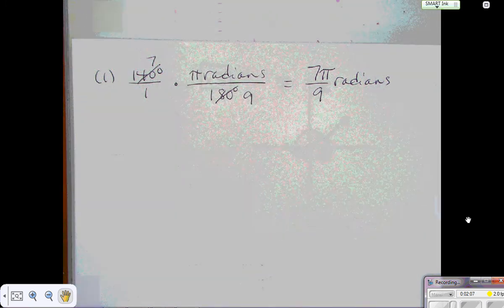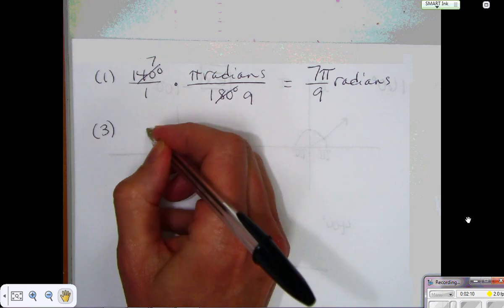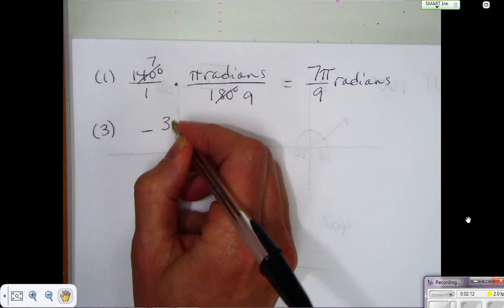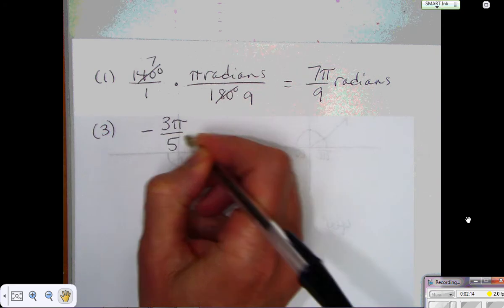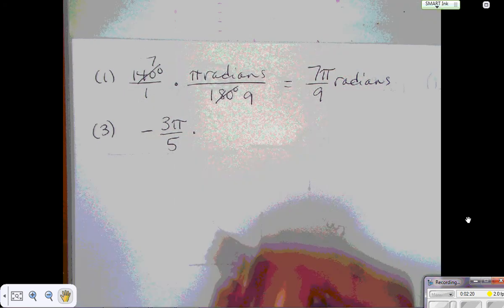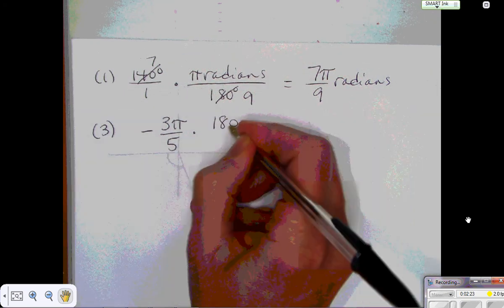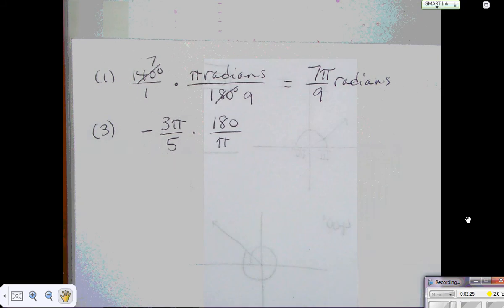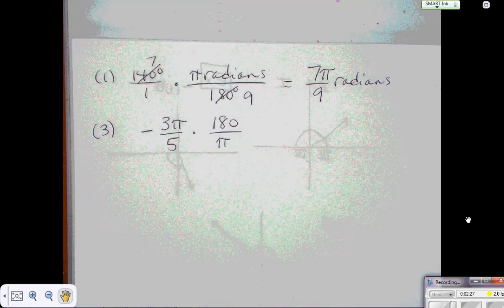Okay, so then on number 3, we have negative 3 pi over 5, and they want us to change that to a degree measure. So to do that, I'm going to multiply by 180 over pi. So it's just the opposite, the inverse.